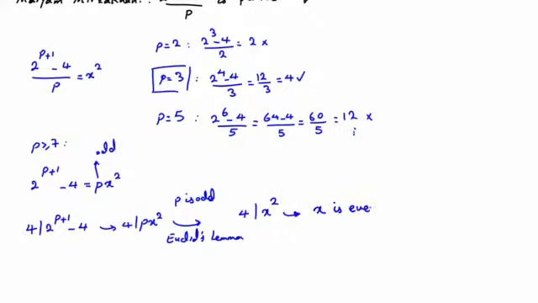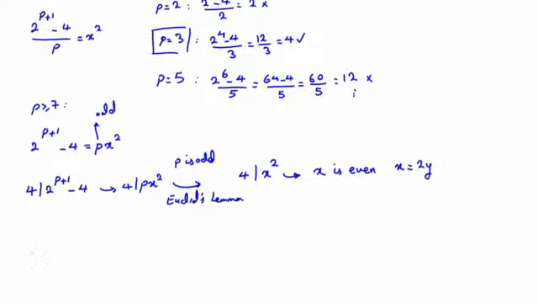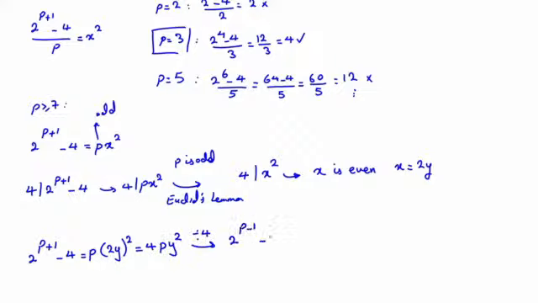And we can say x, for example, is 2y. So let's rewrite it: 2^(p+1) - 4 equal to p, and instead of x, I replace it with (2y) squared. It is 4py squared. If we divide both sides by 4, then it will be 2^(p-1) - 1 equal to py squared.